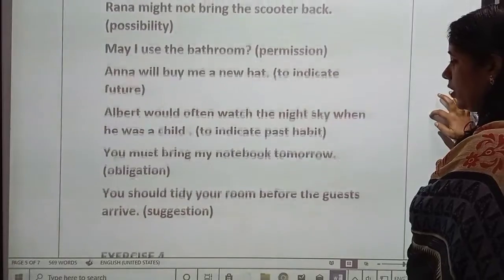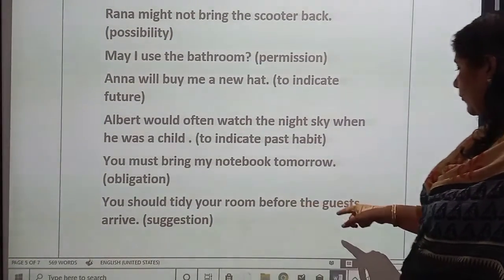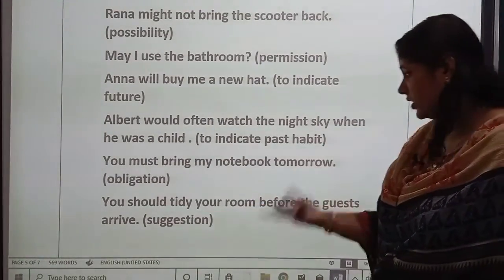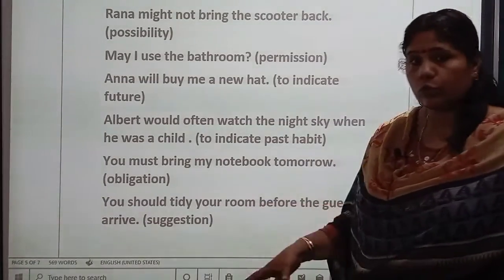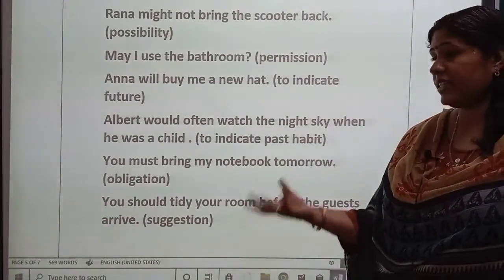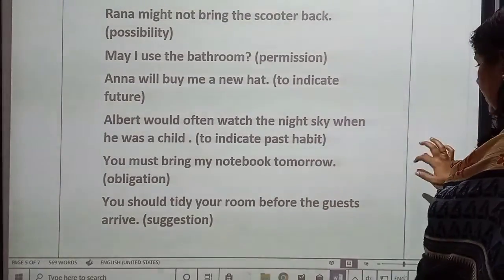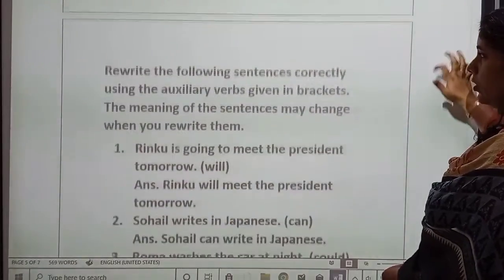Next. You should tidy your room before the guests arrive. Suggestion. You are suggesting that before the guests arrive, you should tidy your room. You should clean up your room because the guests are going to arrive. So suggestion. Next, moving on to exercise 4.